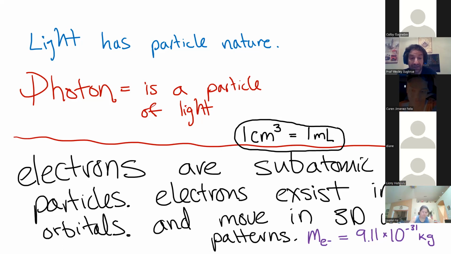Okay. When we talk about light, we generally think of photons as particles with 0 mass, because as far as we can tell, they have no mass. That's as far as we can tell. And for the purposes of this class, photons have no mass.